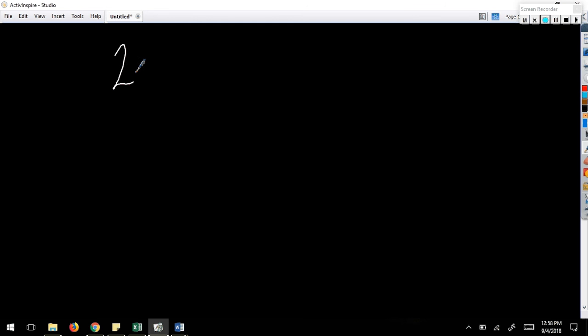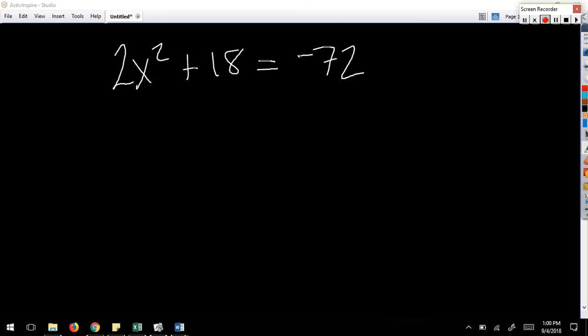You said, can we try one on our own to see if we really understand it? And I said, sure. 2x squared plus 18 equals negative 72. Work through that one, then we'll hit it together. All right, so as we solve this, I'm going to subtract 18. I get negative 90.